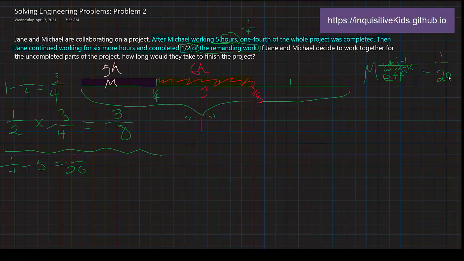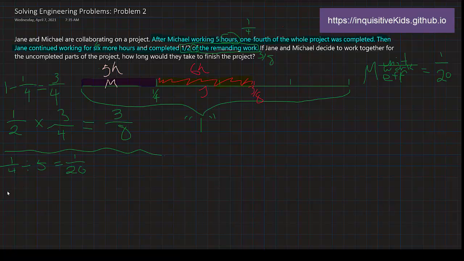So looking at what I have done here, pause the video and do the same for Jane using what we have known. What did you get for Jane? It's the same exact thing actually. She works for 6 more hours, and 1/2 of the remaining work, that's really 3/8.